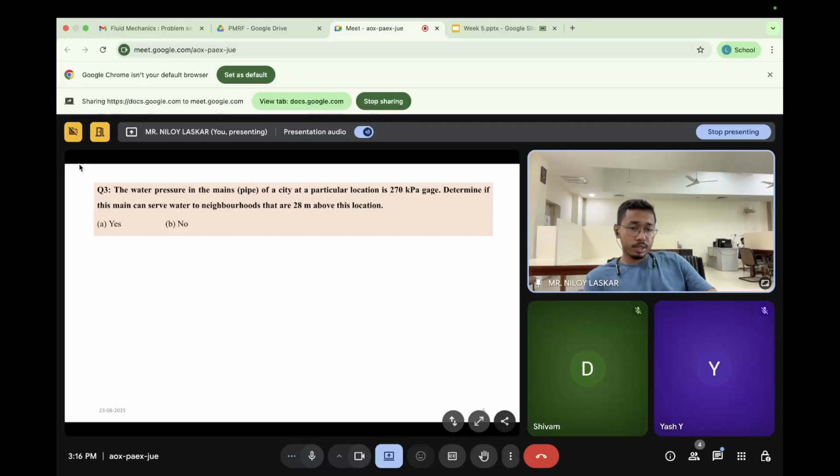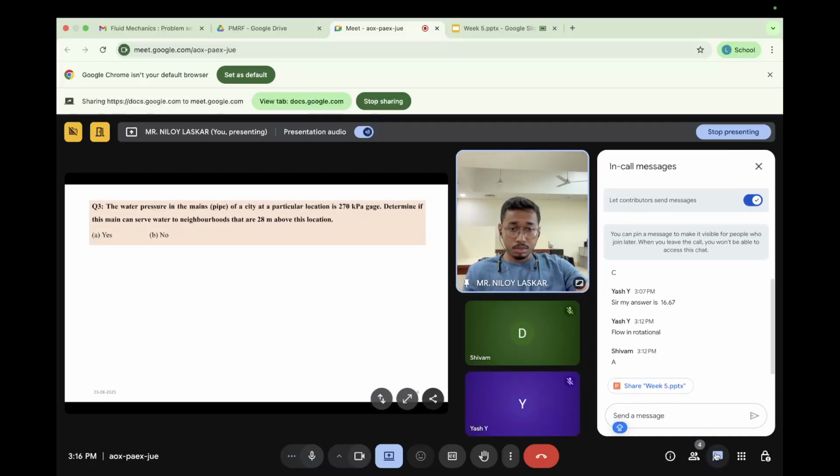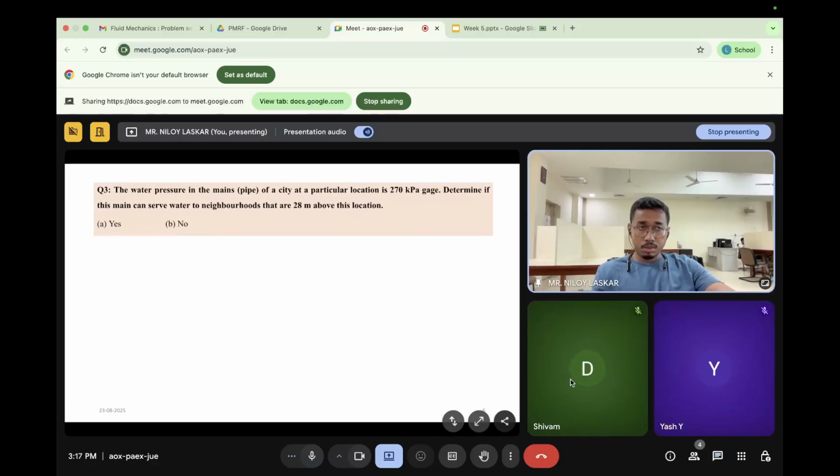Okay, I am giving you 1 minute. Just check whether you are getting this pressure or this height or not. Hmm, okay Shivam, so you are not able to solve.